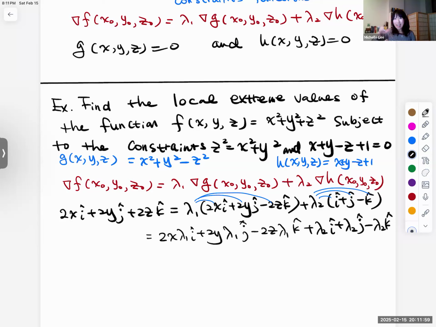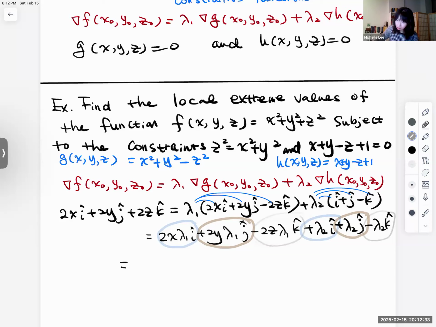How about we match i with i, j with j, k with k, right?